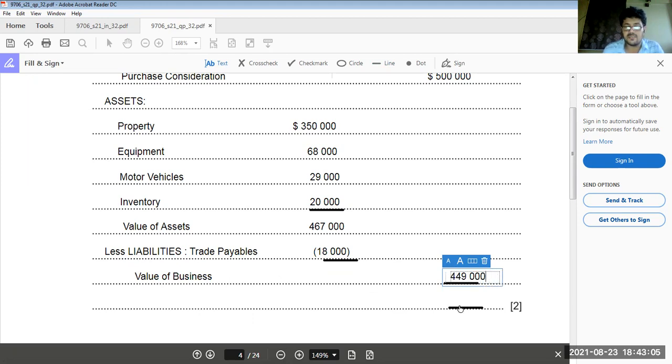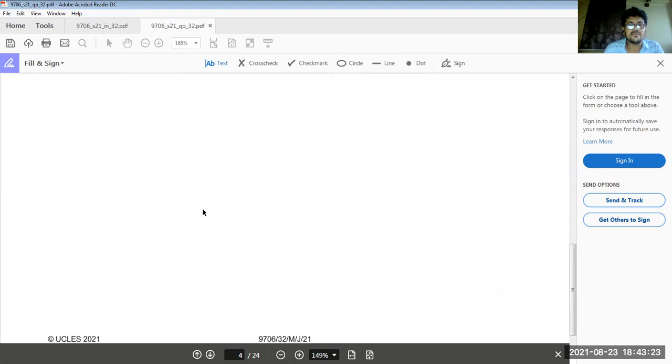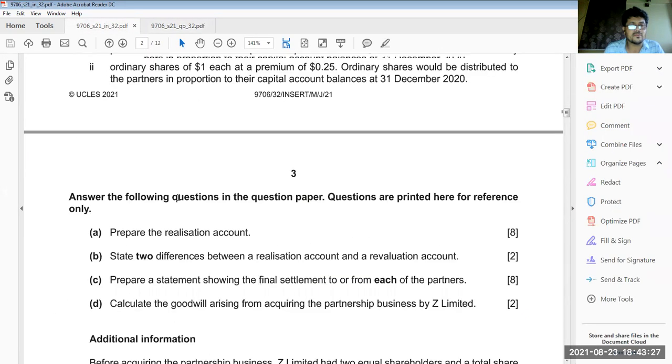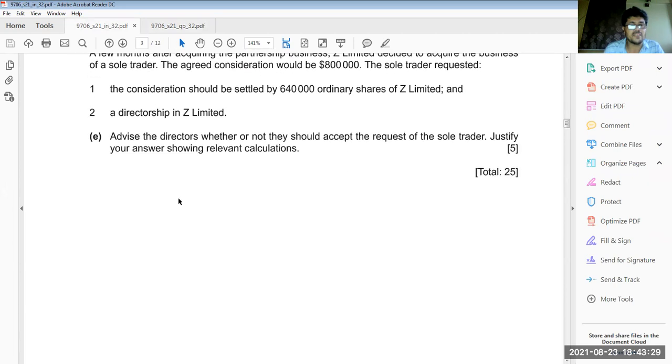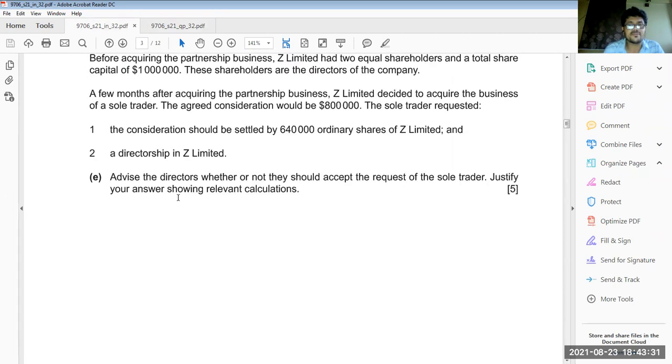So the value of goodwill out of purchase consideration 500,000 is 51,000 goodwill. 51,000 is purchased goodwill, or you can simply write goodwill. Done? A, B, C we have done.